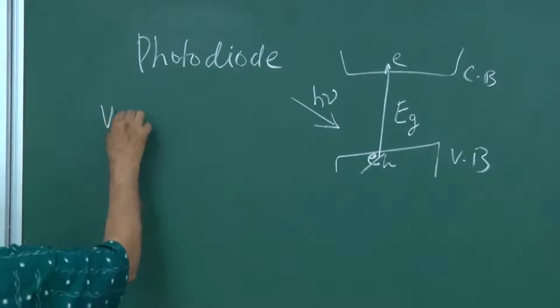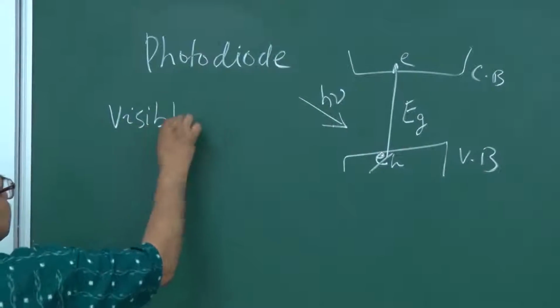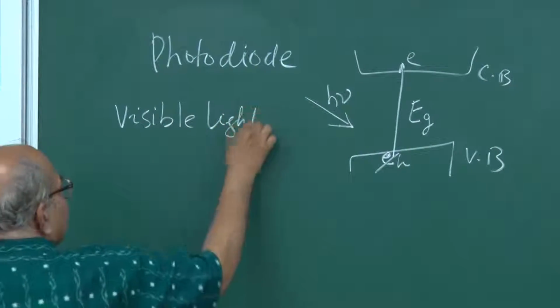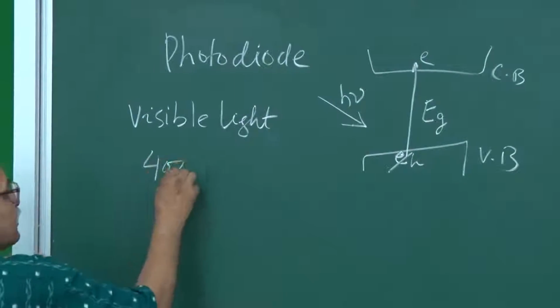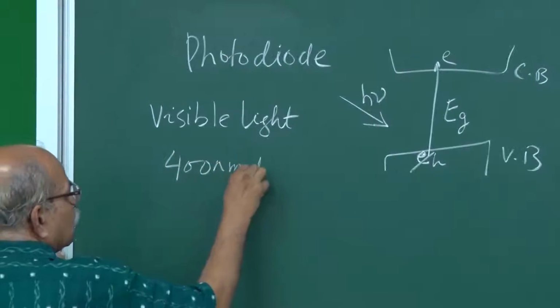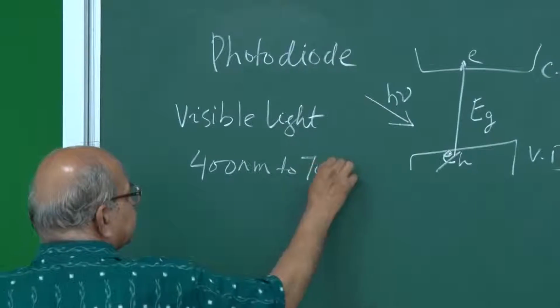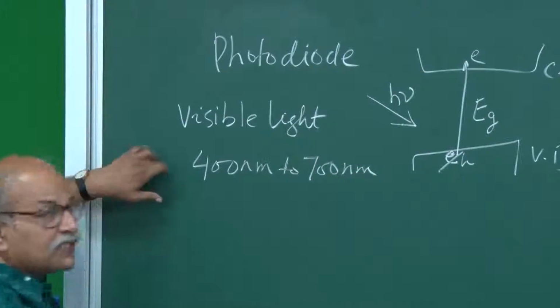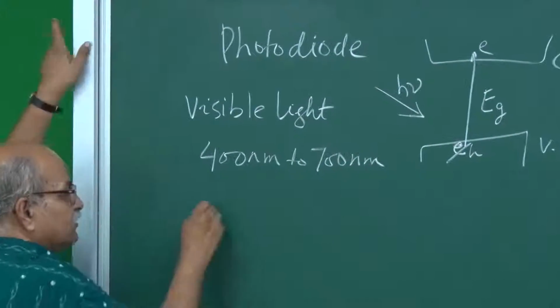So, visible light, let us say it is 400 nanometer to 700 nanometer. You can calculate the photon energy corresponding to these.